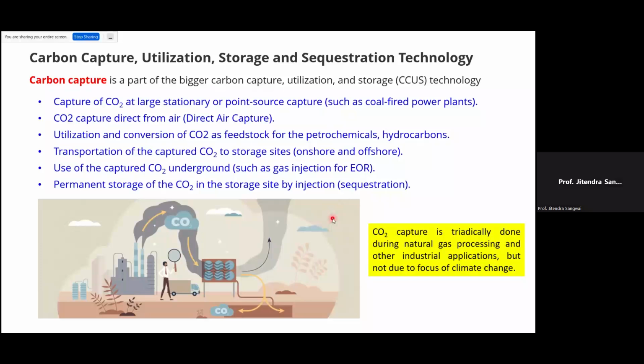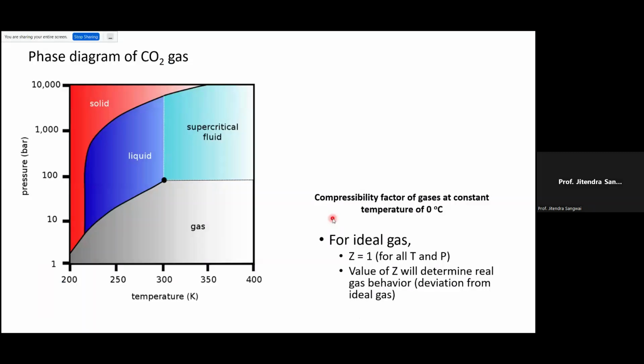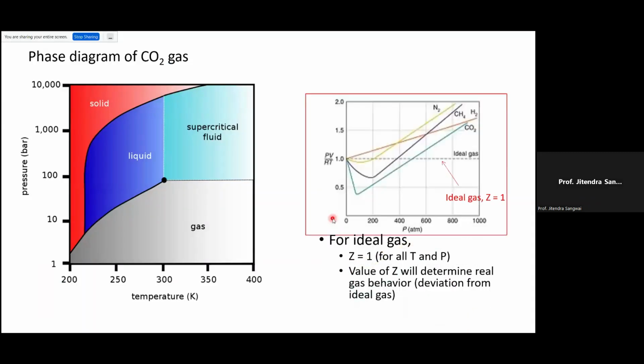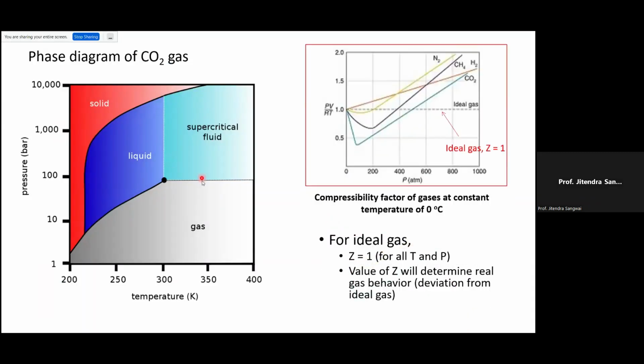But in recent times, the focus has changed primarily to climate issues. So now some of these already available methods can be explored to capture carbon dioxide from flue gas or similar sources. Before we start, one has to understand from this phase diagram that carbon dioxide has a specific phase diagram where CO2 can be in the form of liquid, solid, and gas.